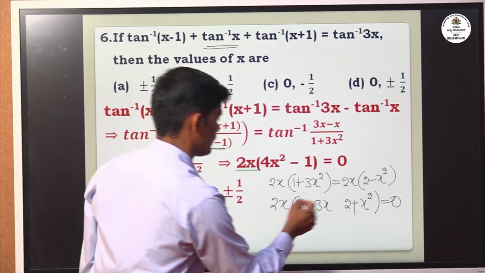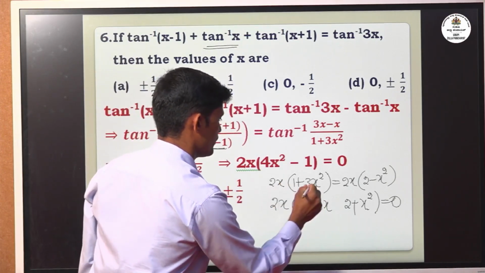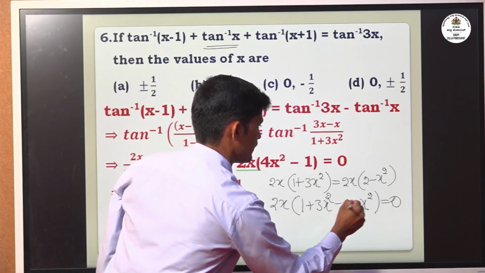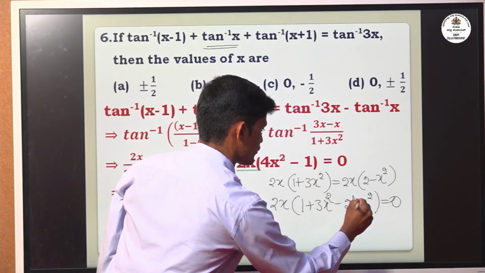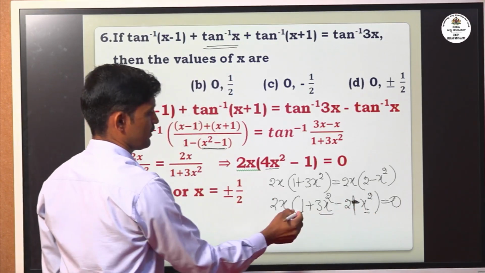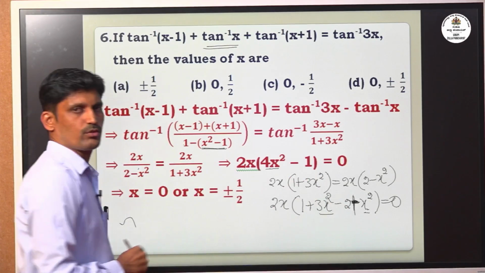Therefore, after taking 2x common, you get 1 plus 3x square minus 2 plus x square is equal to 0, or 3x square plus x square is 4x square, then 1 minus 2 is minus 1, is equal to 0.